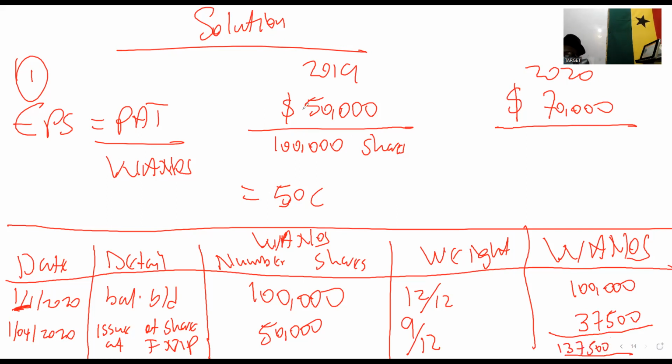Even though they have 150,000 shares outstanding, not all of them contributed to profit. Out of the 150,000 ordinary shares, only 137,500 contributed to profit. That is the essence of the weighting, because not all shares contributed to the profit. So you must weight the average.